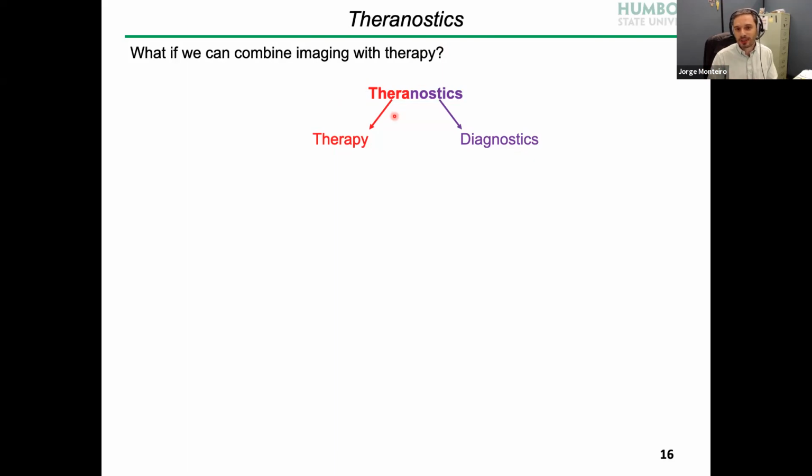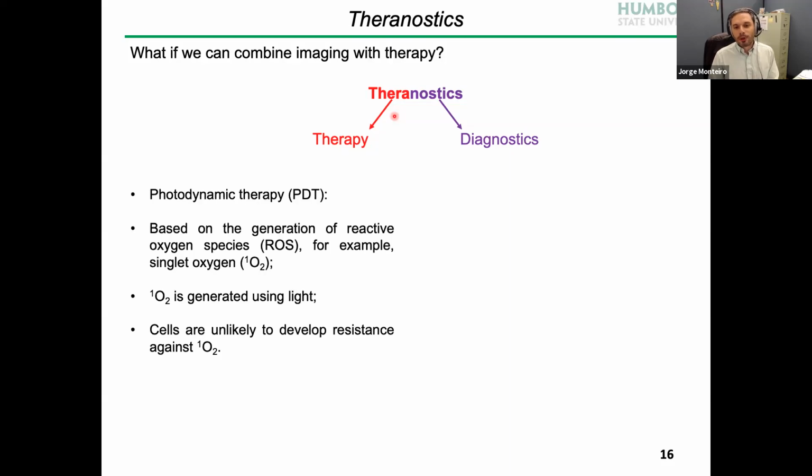So it's not the best platform for a theranostic. When we go to a molecular system, this is much easier to work with. It's challenging for the synthetic part, but we can easily achieve photodynamic therapy with a molecular system if we do a careful design. And photodynamic therapy is a very cool kind of therapy.